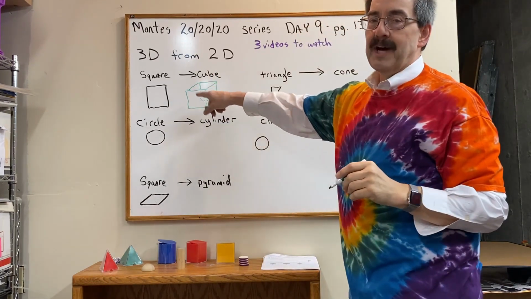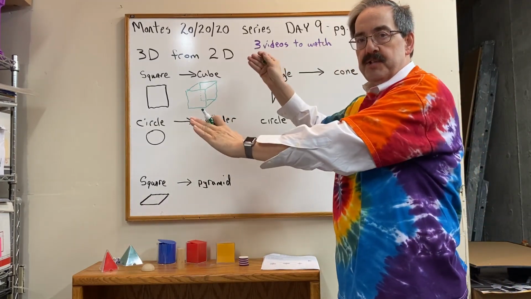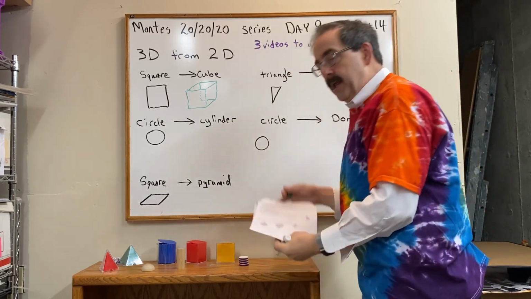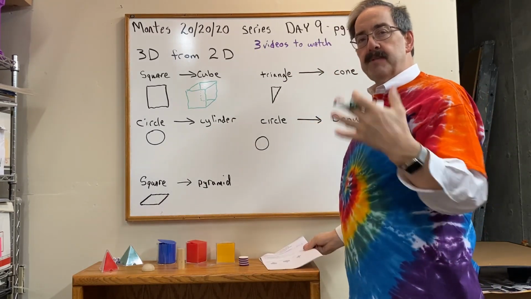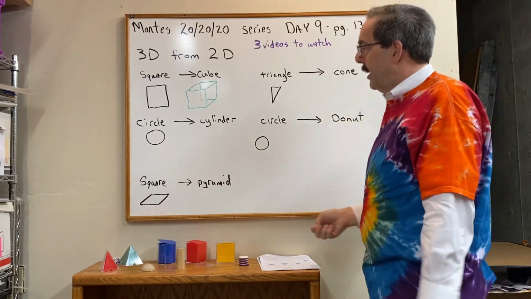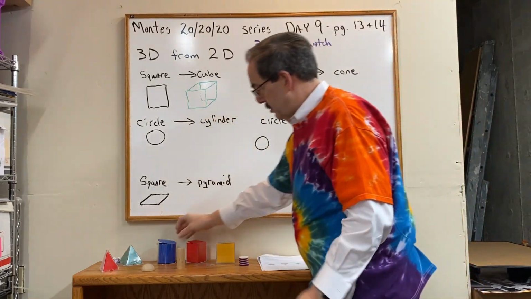It helps when I do the little dot, dot, dot. So a square becomes a cube by just offsetting it. I hope you're willing to, on day 13 and 14, take some time, think of it as a daily doodle, and create a cube.